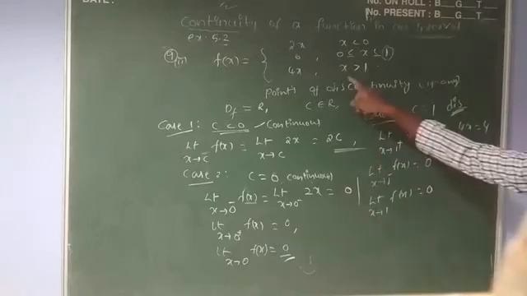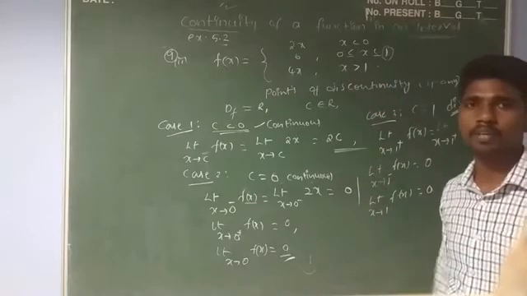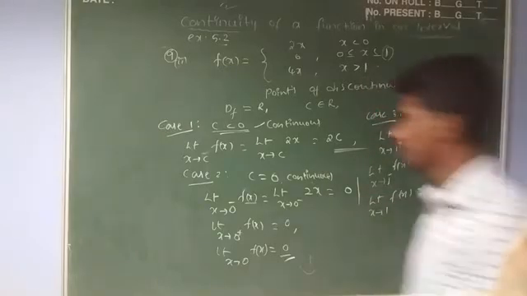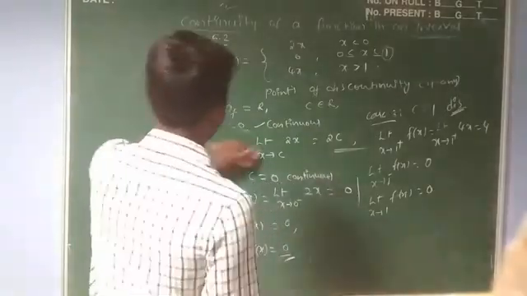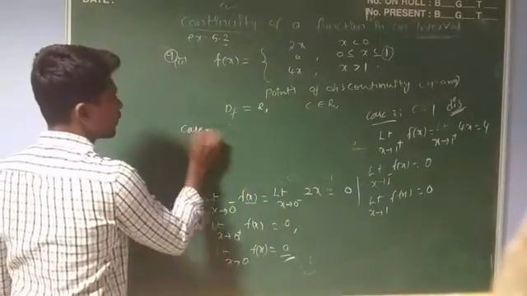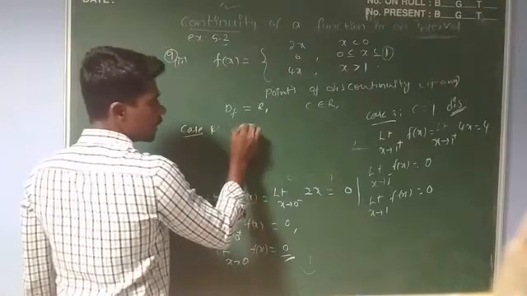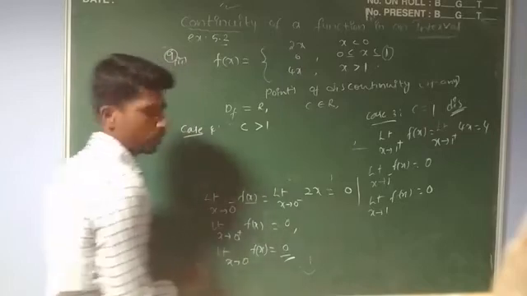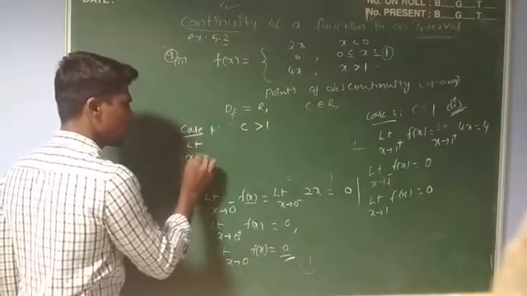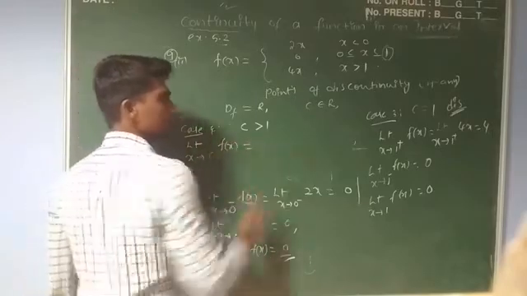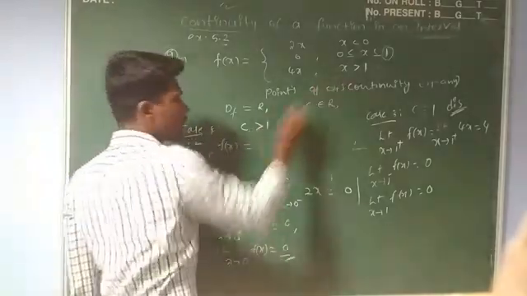Now x greater than 1. Find the function for x greater than 1, which is case 4. For case 4, x greater than 1, the value of c greater than 1. Now limit as x tends to c of f(x). So c greater than 1, what is the function?